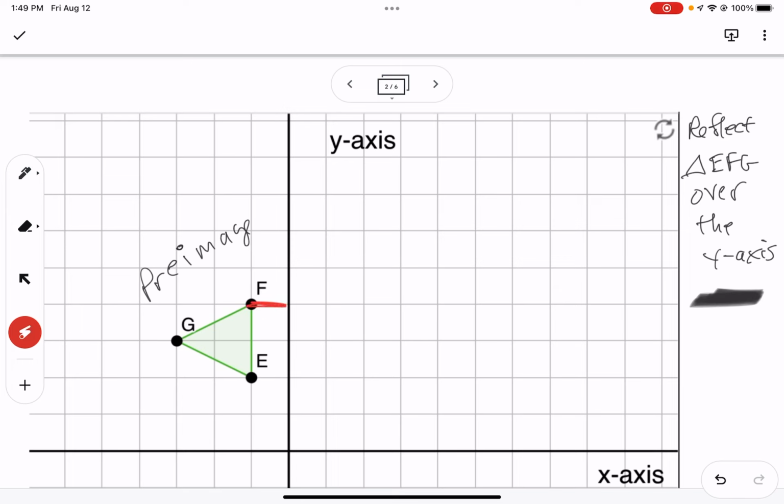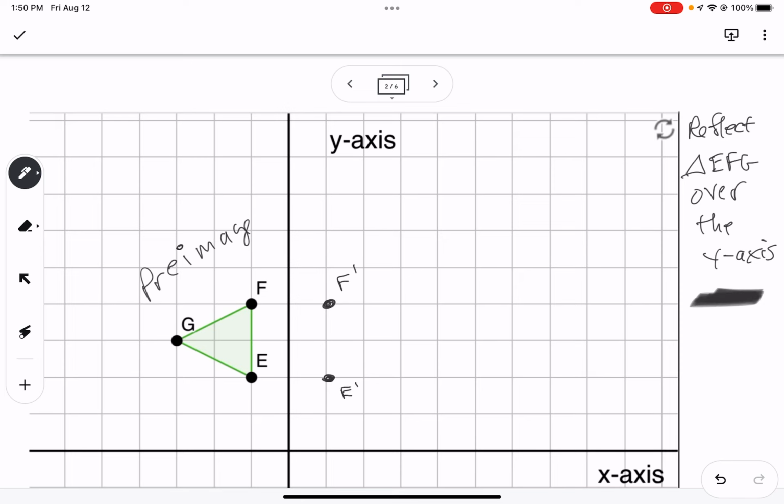F right now is 1 unit away from the y-axis. This means that F prime needs to be 1 unit away as well, but in the opposite direction, on the opposite side. E prime should follow the same rule. If E is only 1 unit away, then so must E prime.